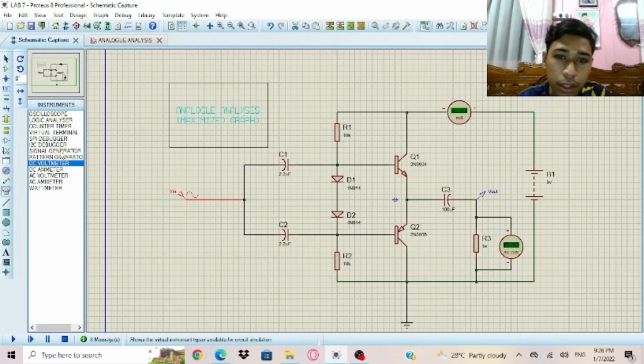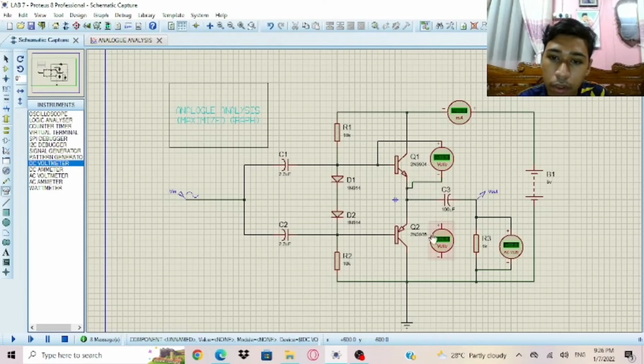So to measure the VBE1 and VBE2, we need to use a DC voltmeter and put it at this part, and we can run.